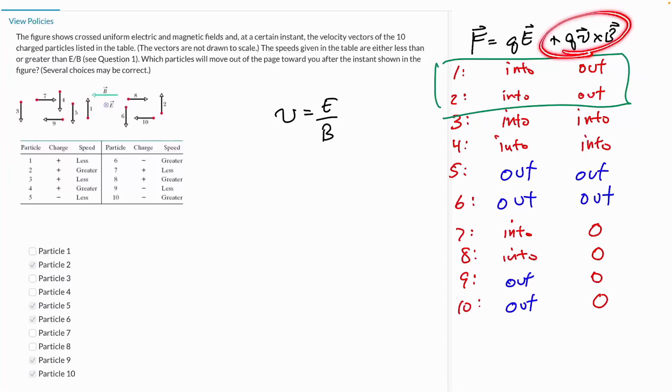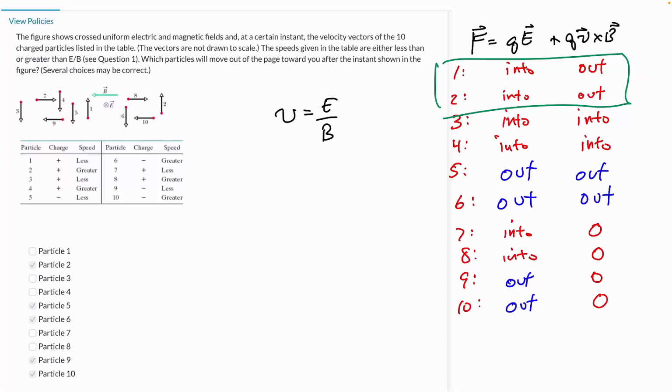Then it wins, right? So when it says less, they're trying to tell you that this side loses. But if they say greater, then what does this do? It wins, right?